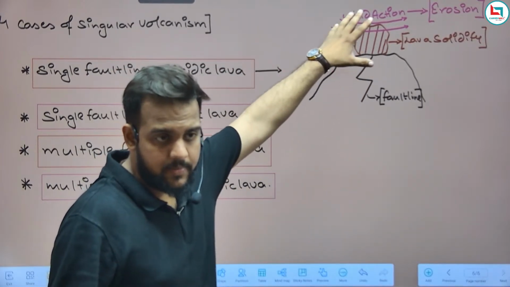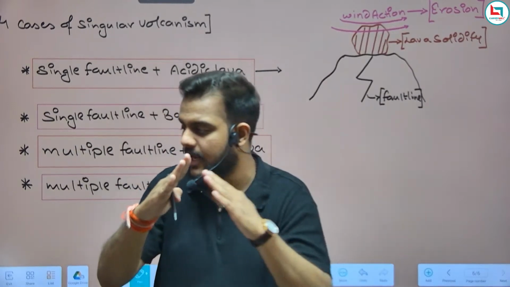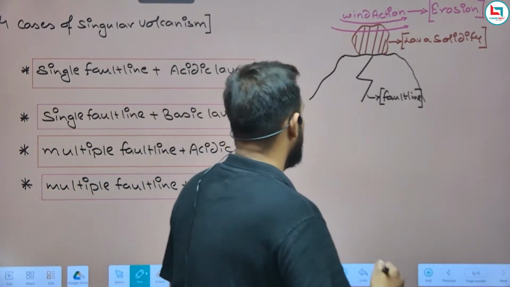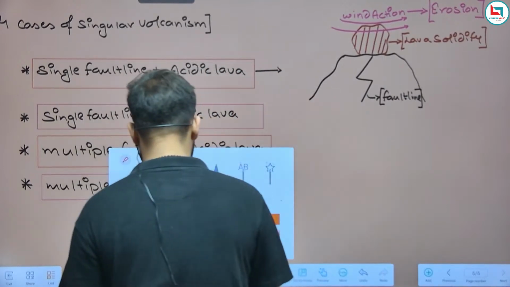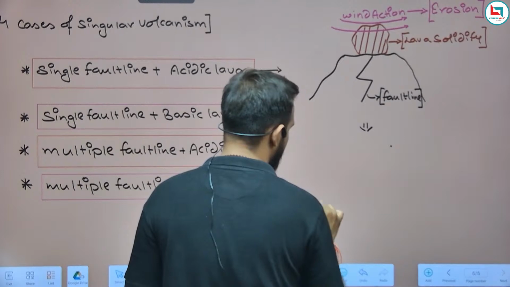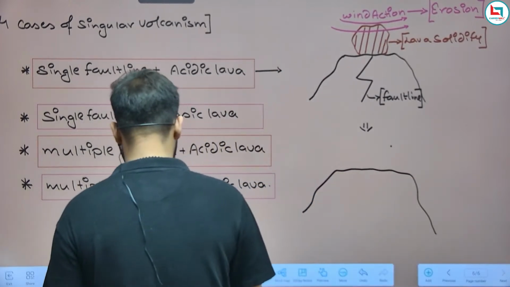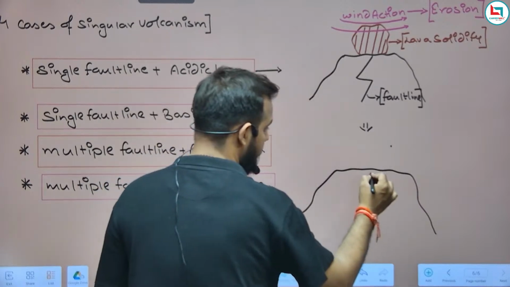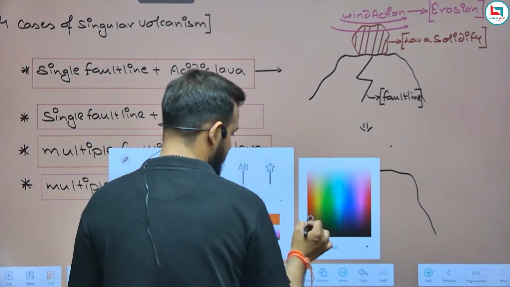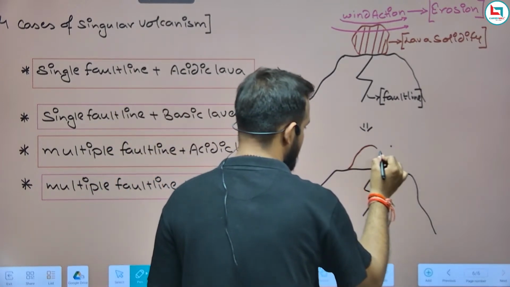When there is erosion, it will get converted into a dome-like structure like this.